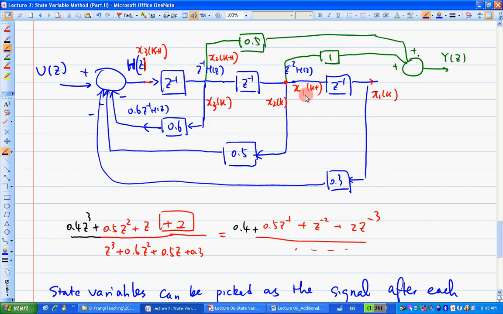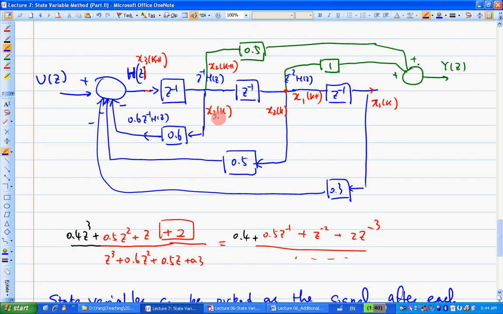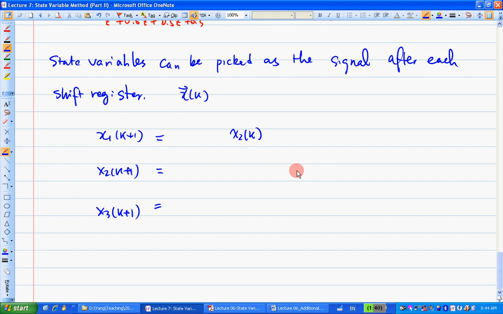So what is x1 of k plus 1? How is it related to x of k? That's just x2 of k here. And x2 of k plus 1 is only related to x3 of k, so that's just x3 of k here. x3 of k is a bit tricky.